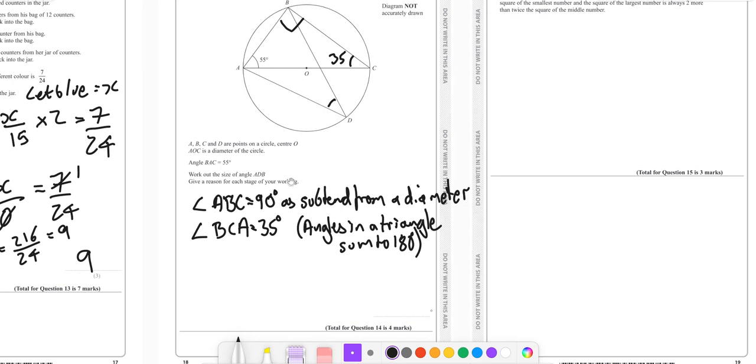And then we've got these two are from the same chord, so they're in the same segment, so we say that angle BDA also equals 35. Angles in the same segment are equal.